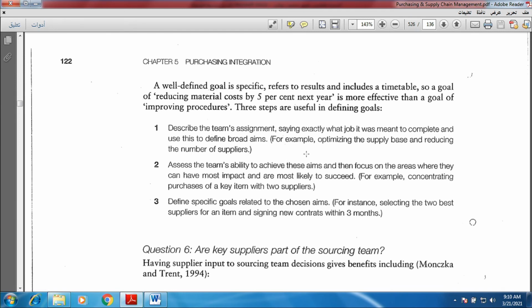Number 2, the team assesses the abilities and achievements by comparing what is needed and what is expected from the other functions or from the company managers.